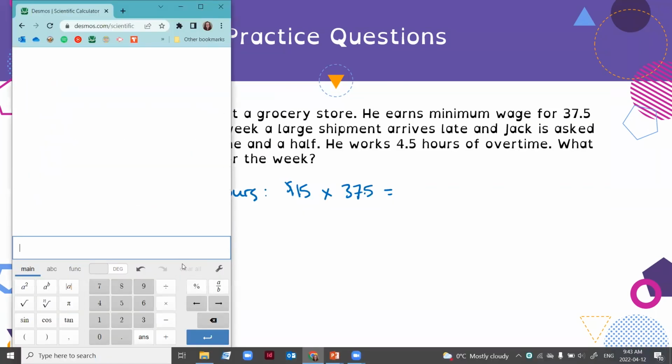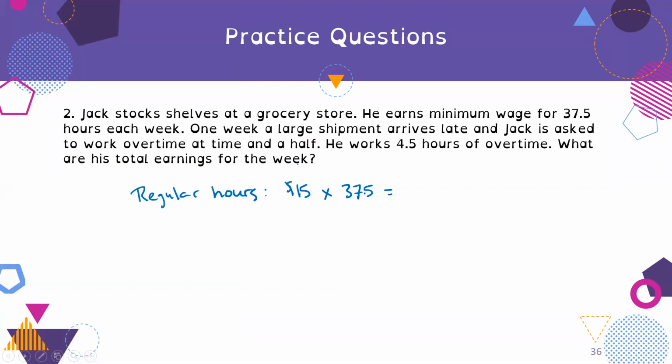So 15 times 37.5 equals $562.50. Okay, so that's his regular hours. So then the week that he had to work overtime.